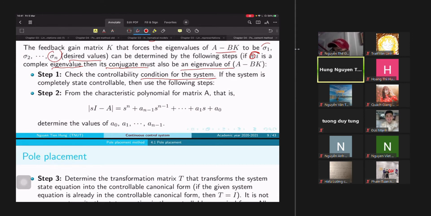Now we assume the condition of the first step is satisfied, and we can move to step two.